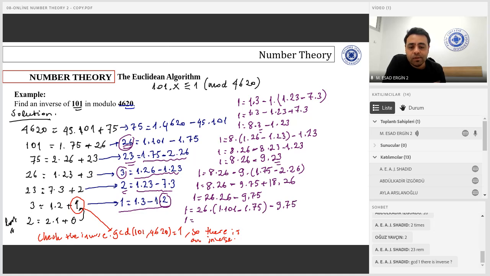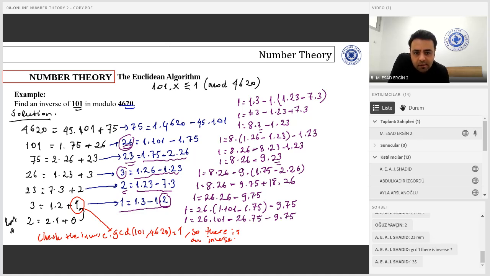And now it is 1 equals 26 times 101 minus 26 times 75 and minus 9 times 75. So it is, yes, 1 equals 26 times 101 minus 35 times 75.